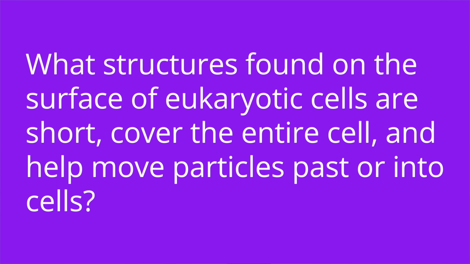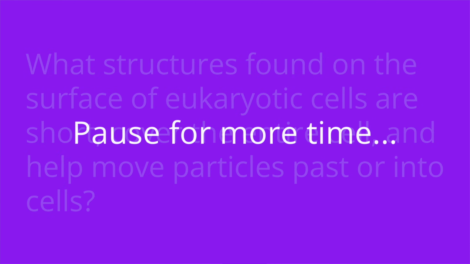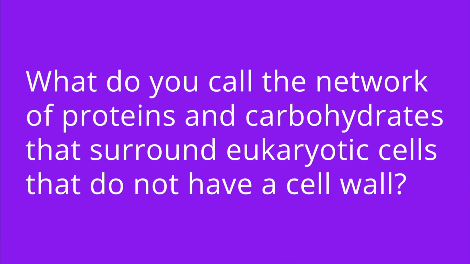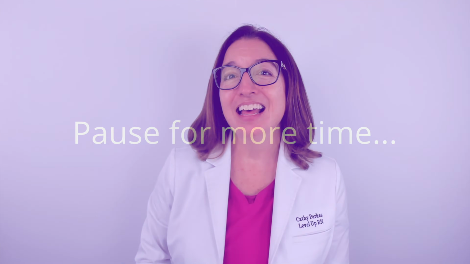What structures found on the surface of eukaryotic cells are short, cover the entire cell, and help move particles past or into cells? The answer is cilia. Number 5. What do you call the network of proteins and carbohydrates that surround eukaryotic cells that do not have a cell wall? The answer is the extracellular matrix.